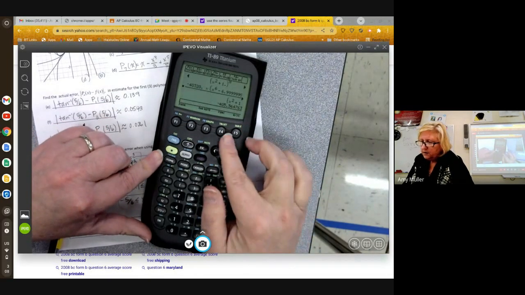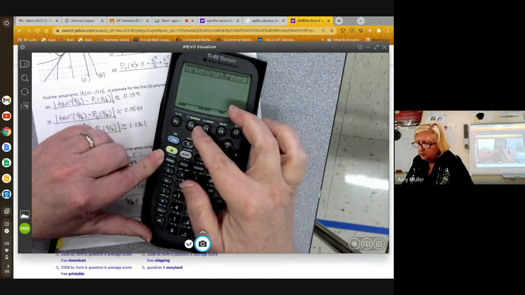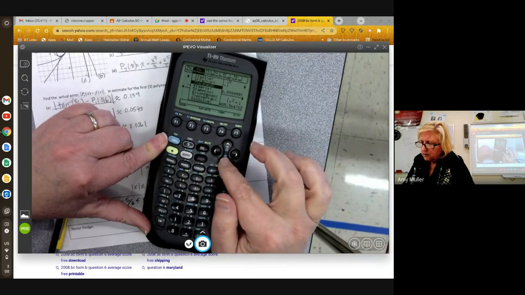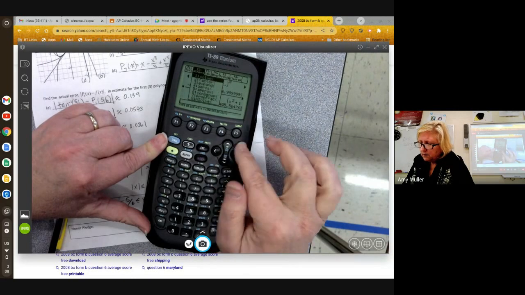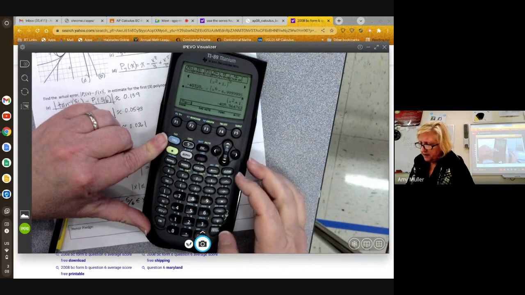You can also do this. You can say F3, F max.